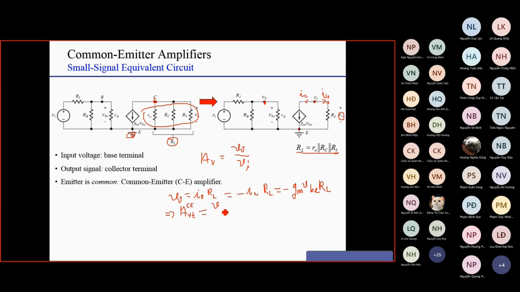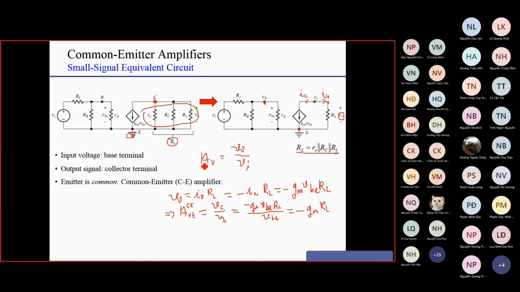It is equal to the voltage at the output terminal VC divided by the input voltage at the input terminal, that means VB. So it is equal to minus GM VBE RL. VB is here, so you can see that the emitter is connected to the ground, so VB is indeed equal to VBE here. So it is equal to minus GM RL. Okay, so this is the terminal voltage gain.